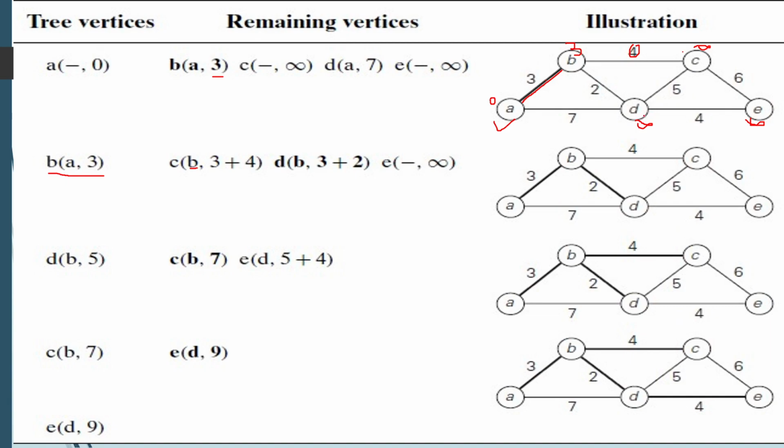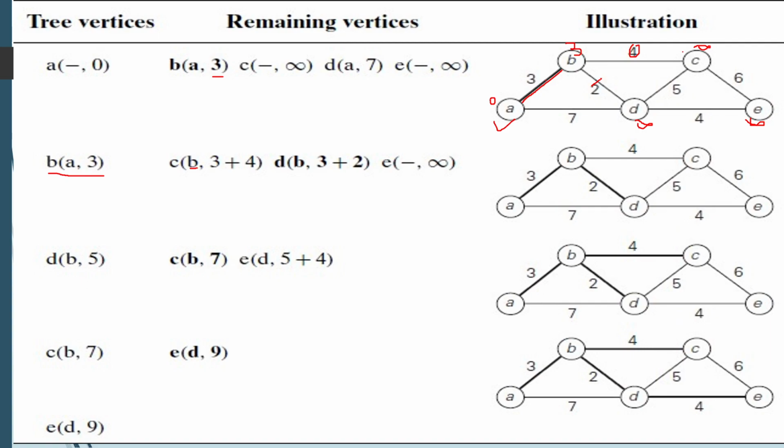Next, same thing, D. Now this D vertex is adjacent to B and also adjacent to A. If it is adjacent to more than one visited vertex, then which one do you have to select? You have to select the one whose edge weight is minimum. Among these two, 7 and 2, which one is minimum? 2 is the minimum here.